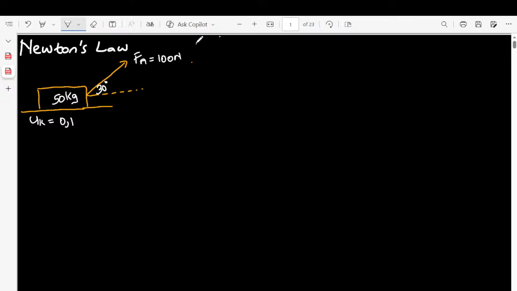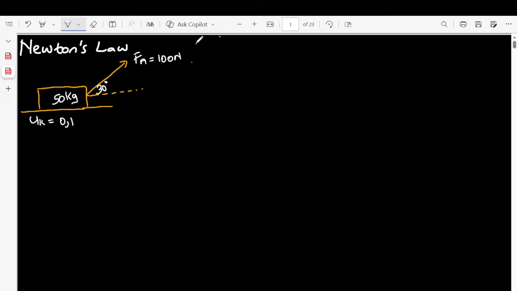Okay, so now they said that the coefficient of kinetic friction is 0.1 and we can all see that. Then another thing that is given, they want us to determine the magnitude of the force of friction acting on the crate while it accelerates. Now, I'm going to write the question down.